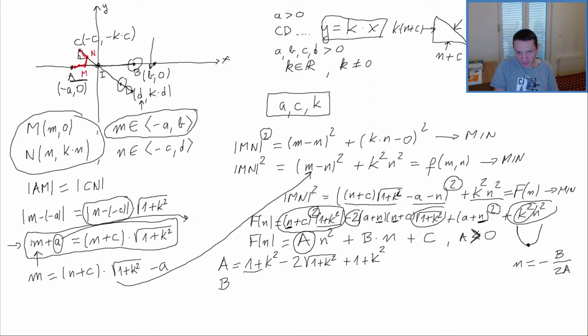We can sum these two equal terms, and we can put 2 in front of the parenthesis, and we obtain simply 1 plus k squared minus the square root of that same expression.